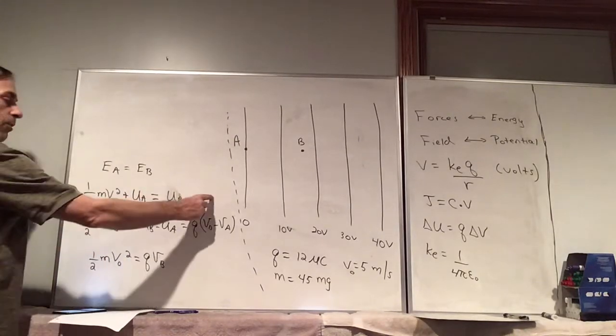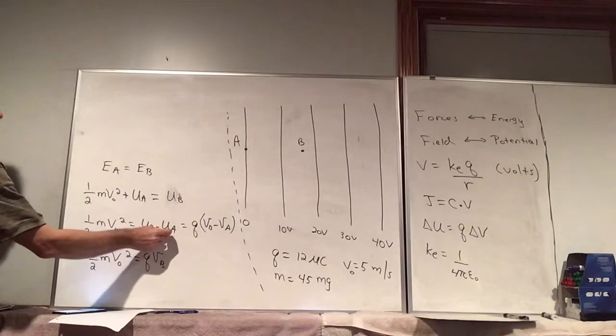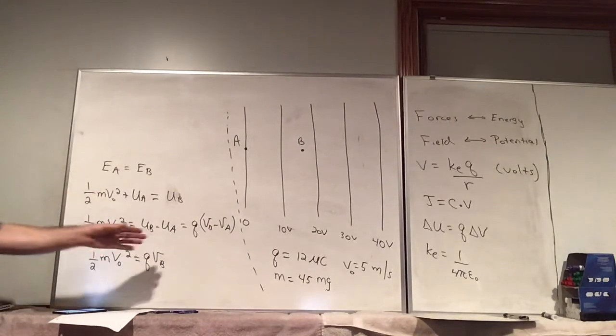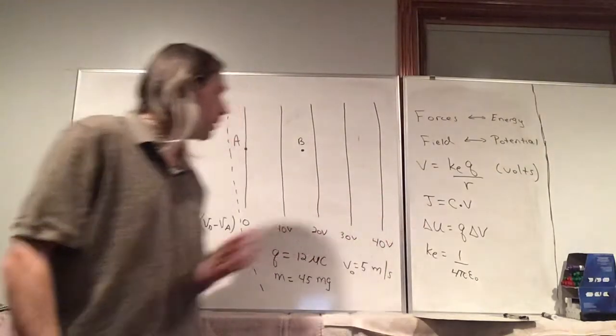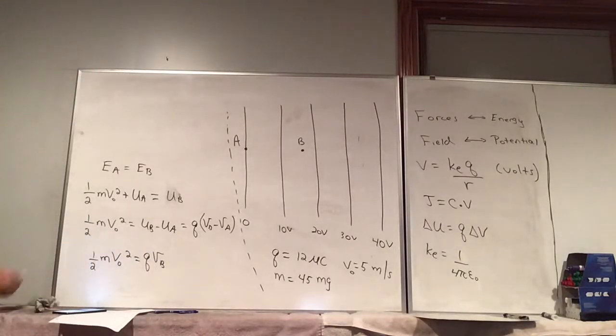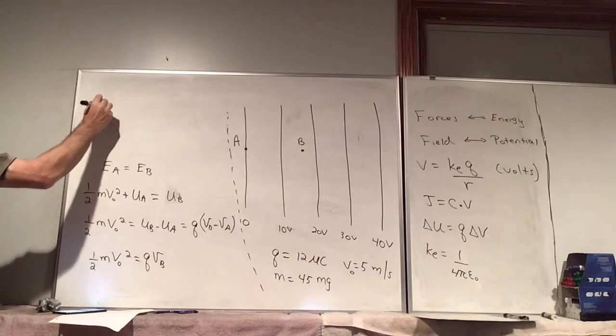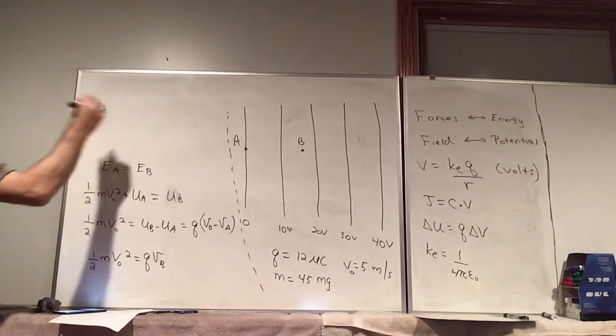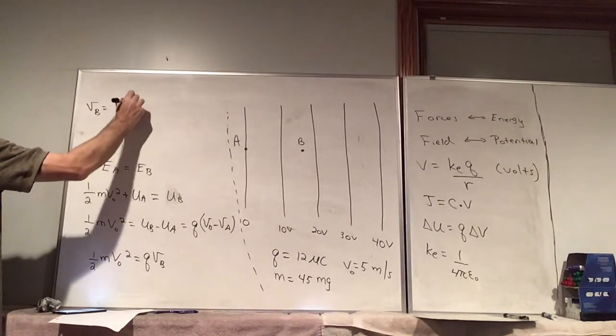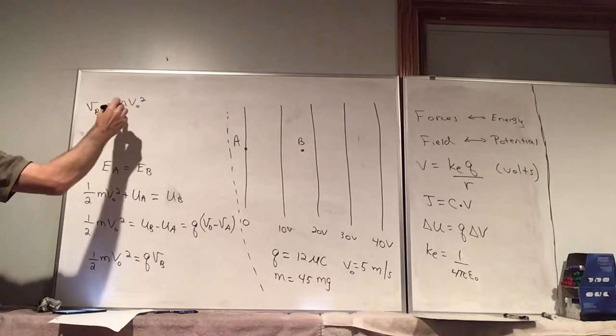We subtracted UA, so we have UB minus UA equal to that kinetic energy. And that's where we use this equation. So with that out of the way, let's solve for VB, and then I'm going to erase some of the board. This would be m v naught squared over 2q.